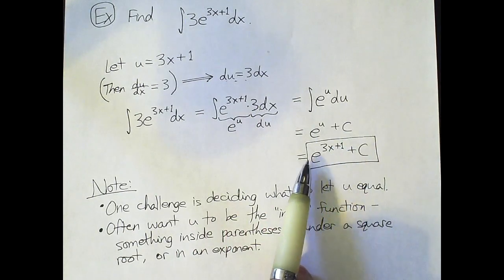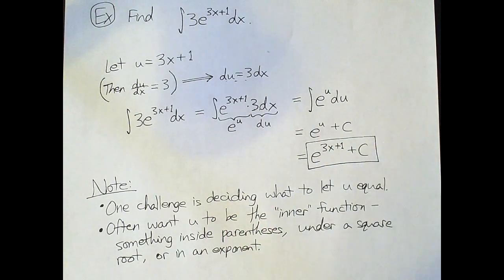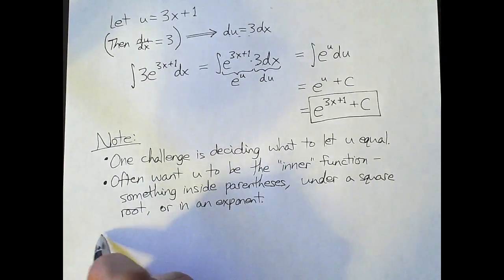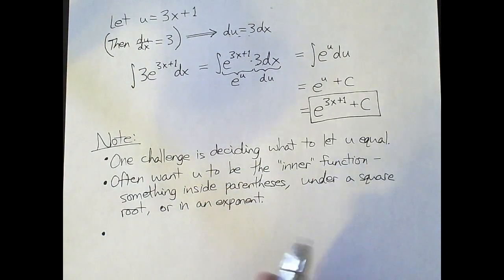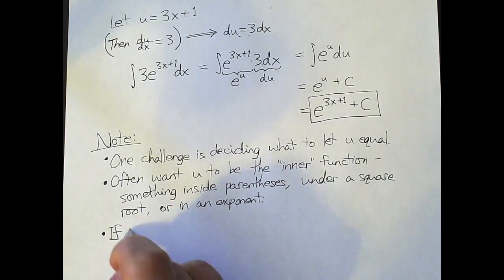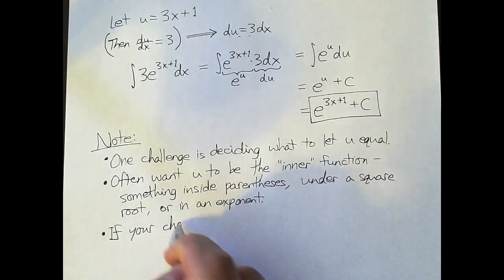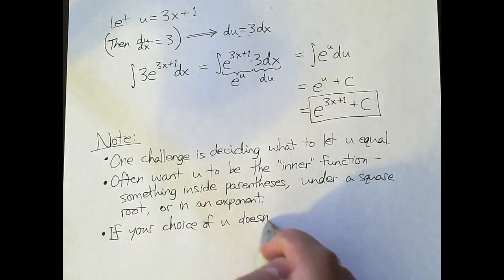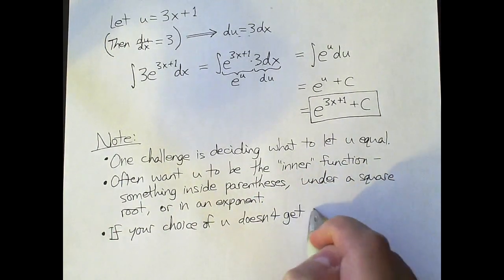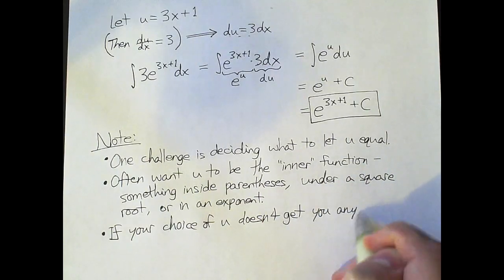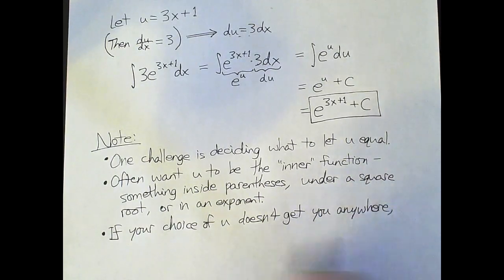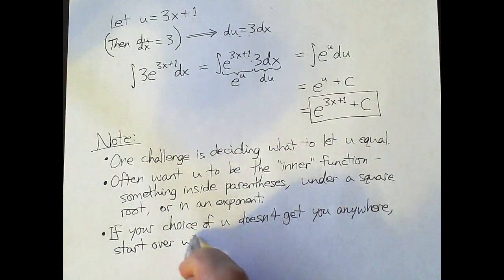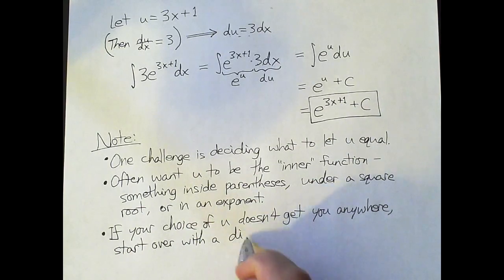And then the answer is all in terms of x. We're translating back and forth between the two. Let me say that if your choice of u doesn't get you anywhere, then start over with a different one.